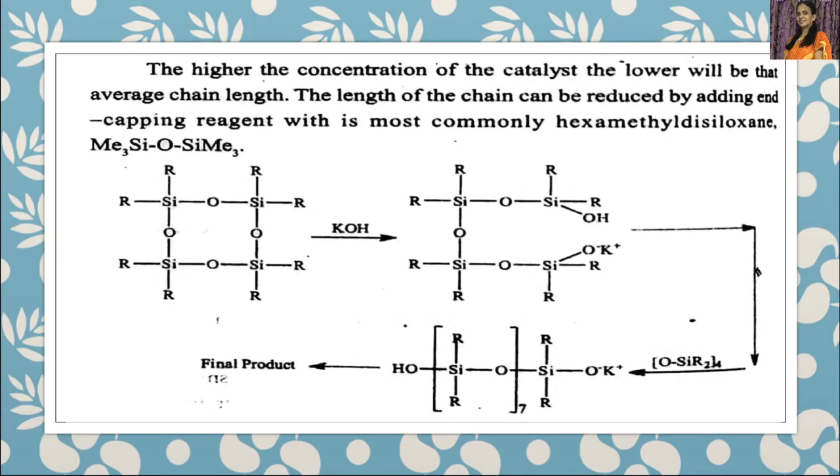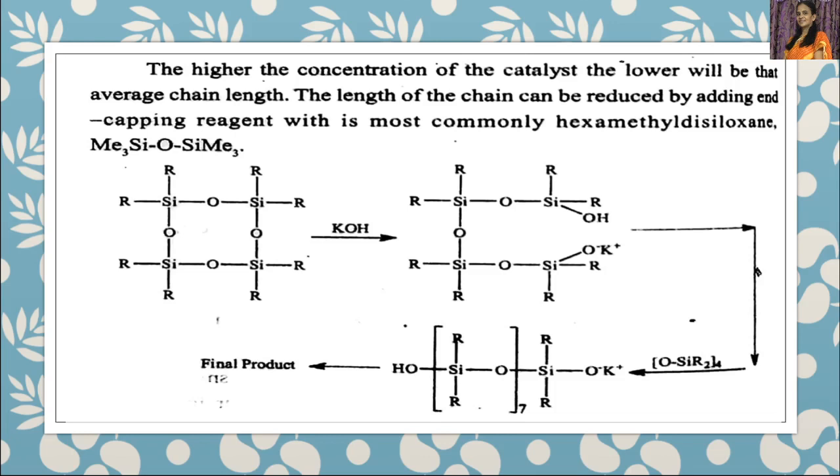Now let us say this: the higher the concentration of the catalyst, the lower will be the average chain length. If the concentration of this alkali metal hydroxide is high, the average chain length will be lower, so we will get a shorter polymer.